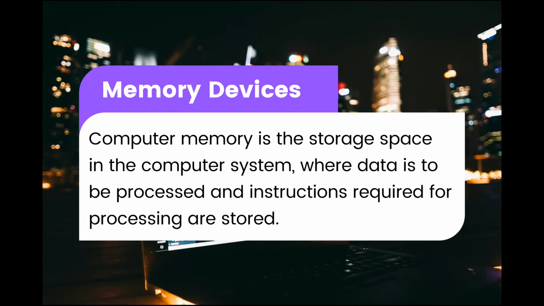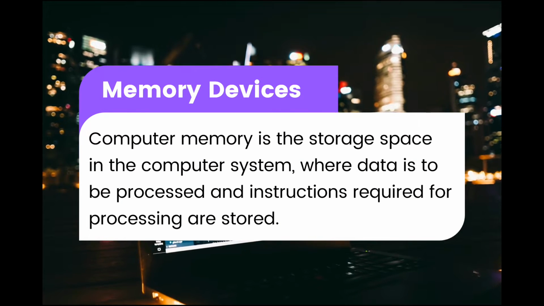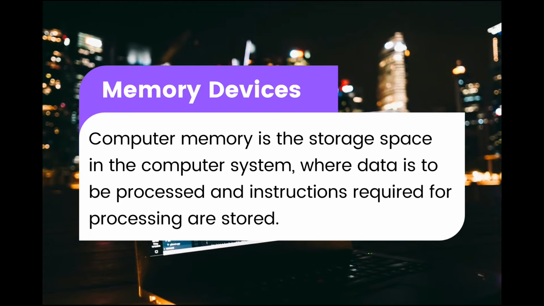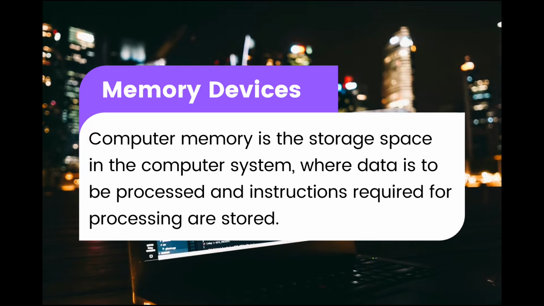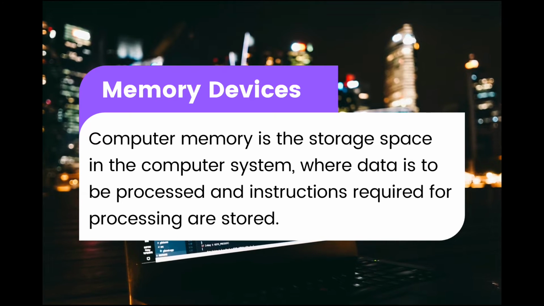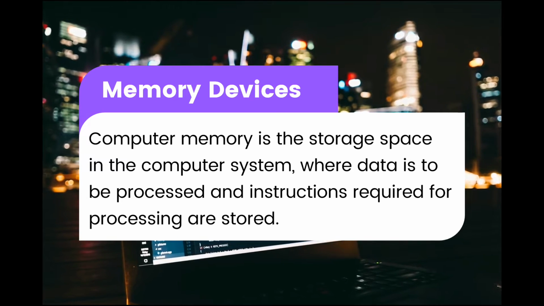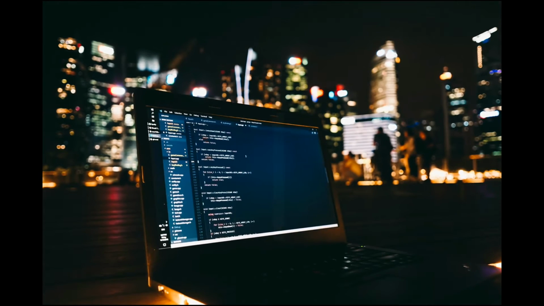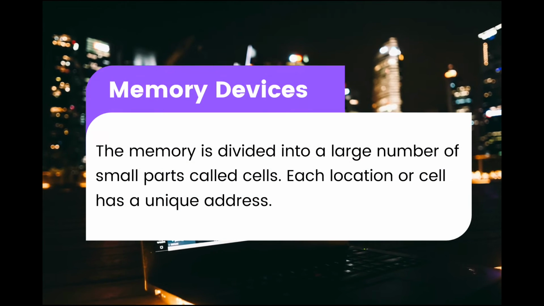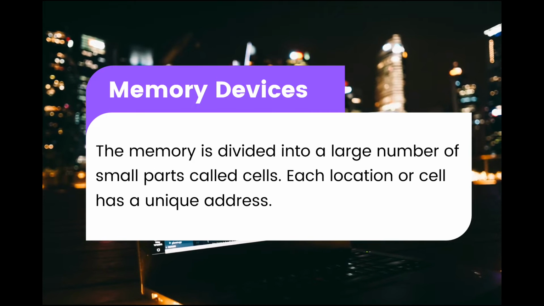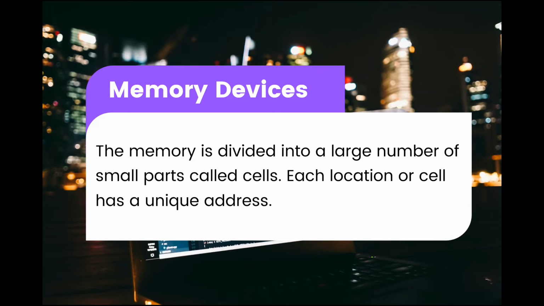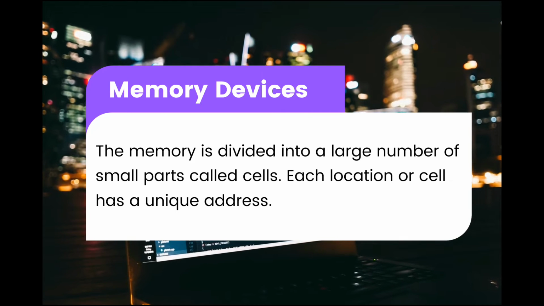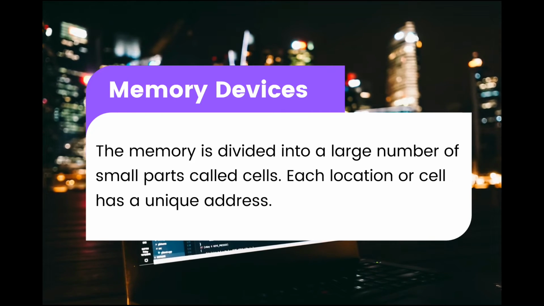Computer memory is the storage space in the computer system where data is to be processed and instructions required for processing are stored. The memory is divided into a large number of small parts called cells. Each location or cell has a unique address.